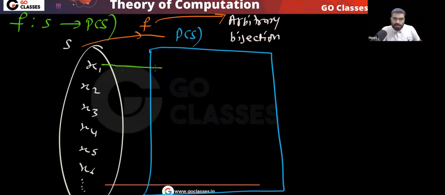So X1 will map to someone. To whom should I map? Give me something random. Let's assume we map it to X2, X4, X6, X8, and so on.